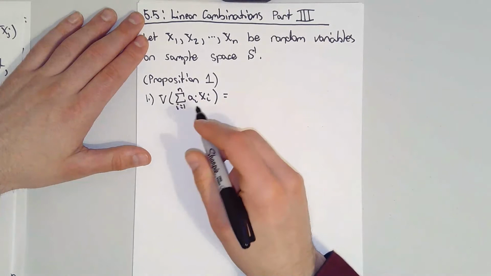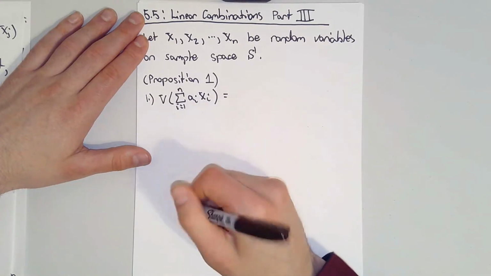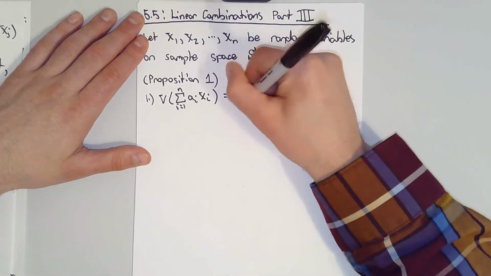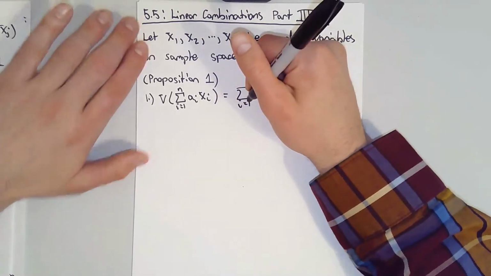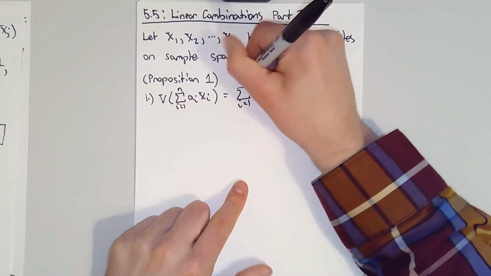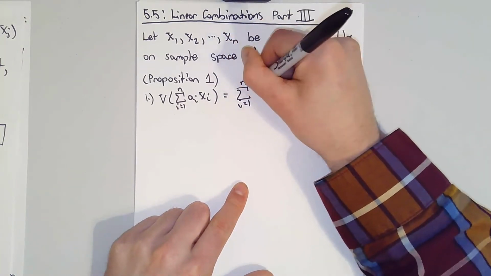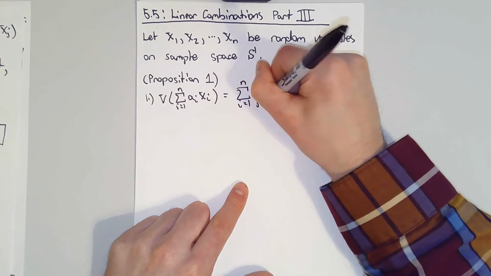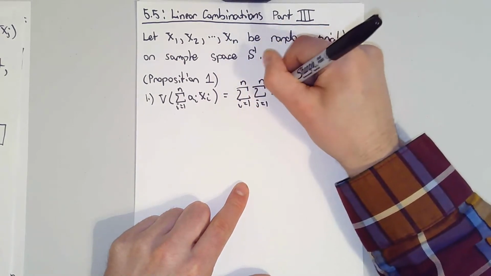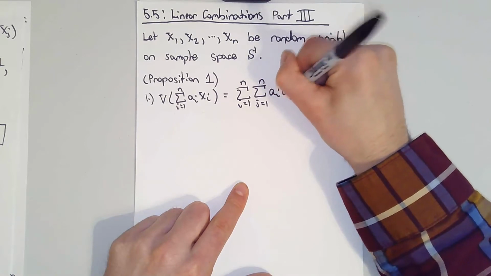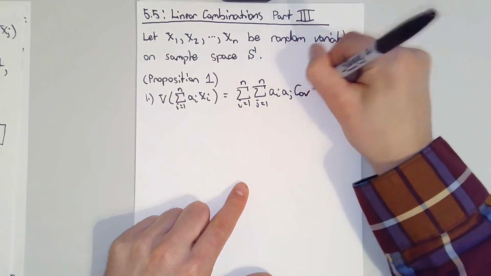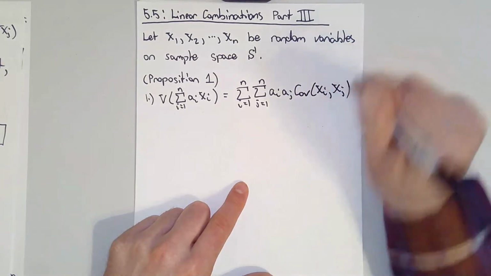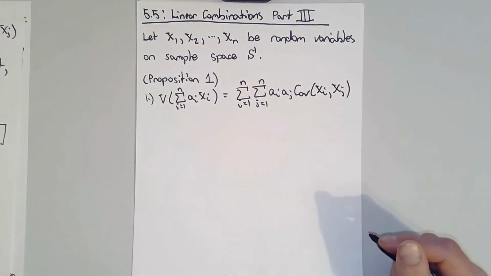The variance of a linear combination of the n random variables looks like the following.